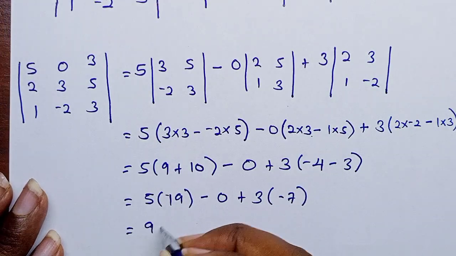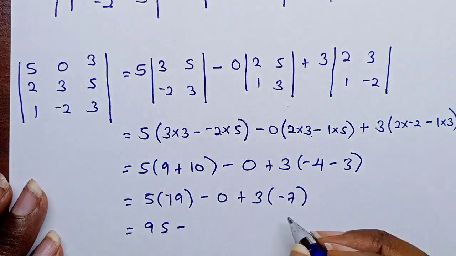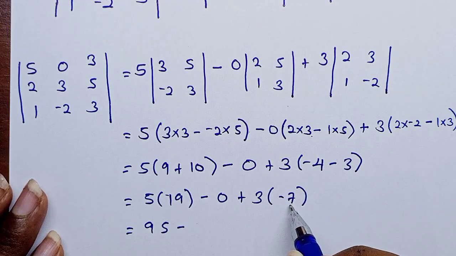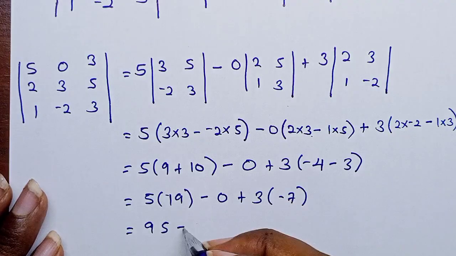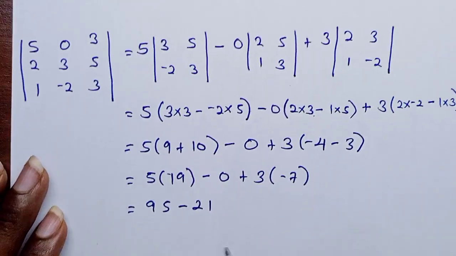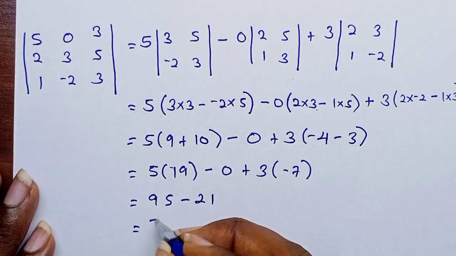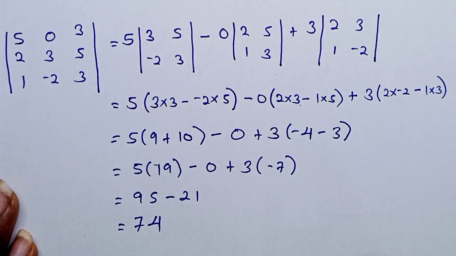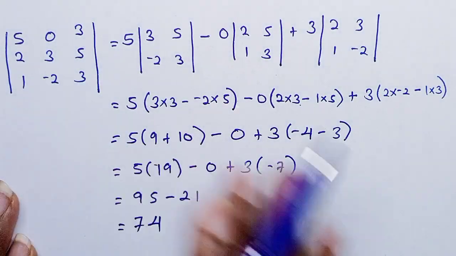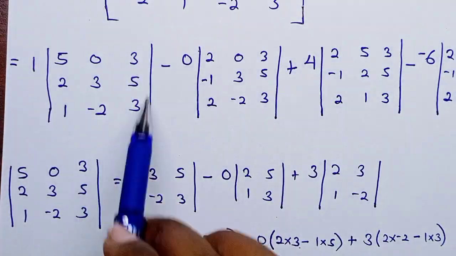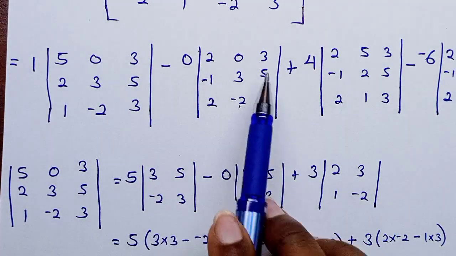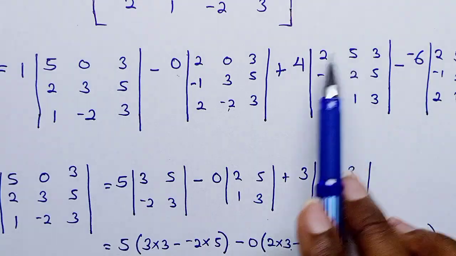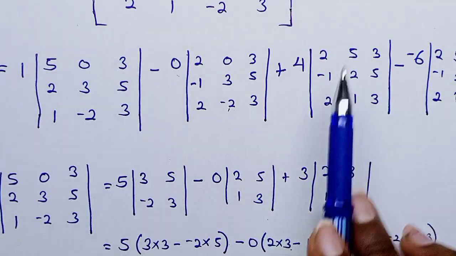This gives us 95 minus, 3 times negative 7 is negative 21, so minus 21, which gives us an answer of 74. So now we've found the determinant of the first one. We said we are not going to bother finding the one that multiplies to 0. So let's now find this determinant here.